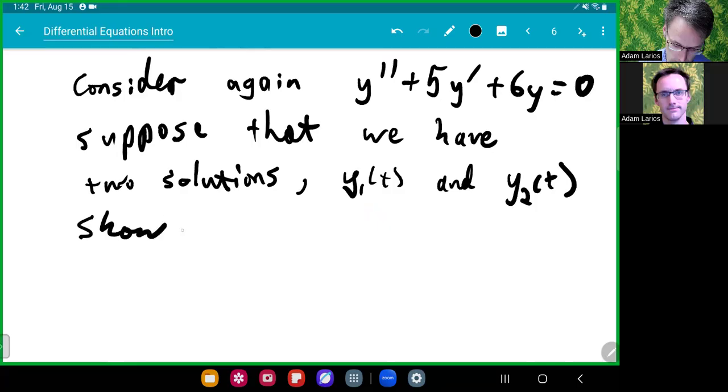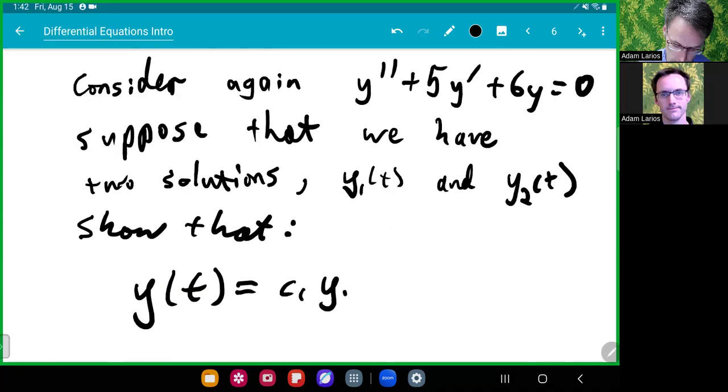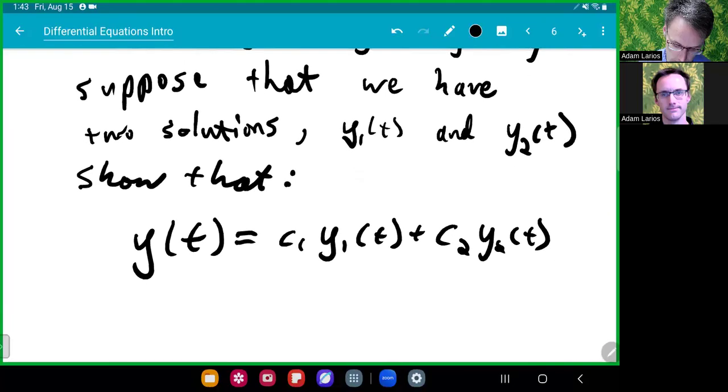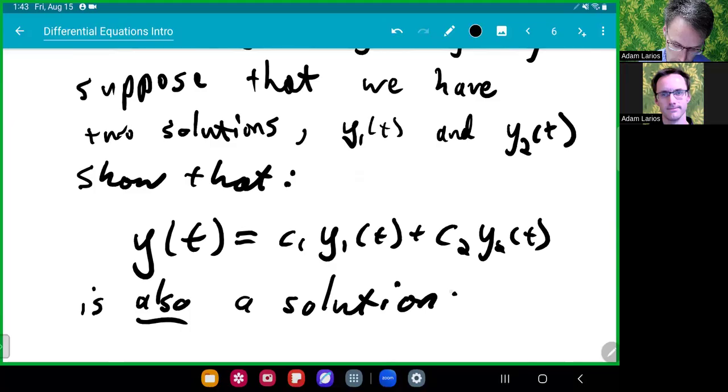The problem is to show that a new function, y of t, which is c1 y1 of t plus c2 y2 of t, is also a solution where the c1 and c2 are constants.